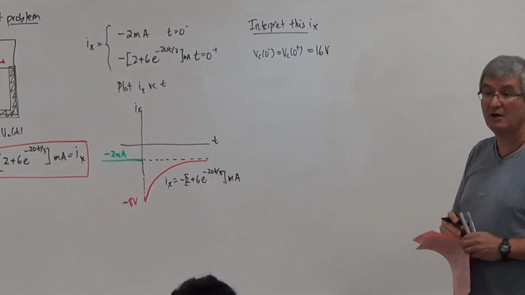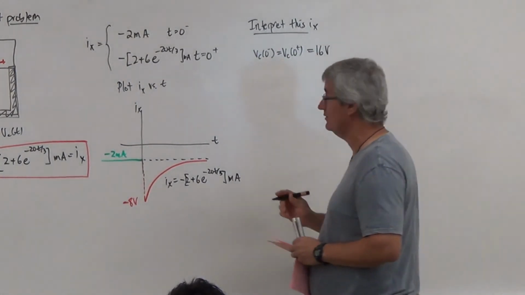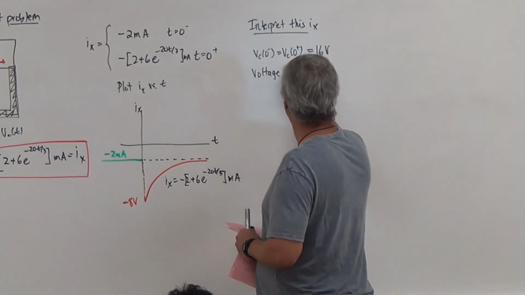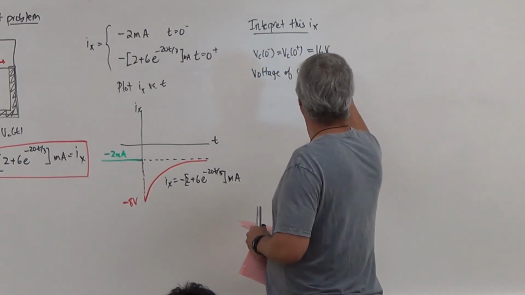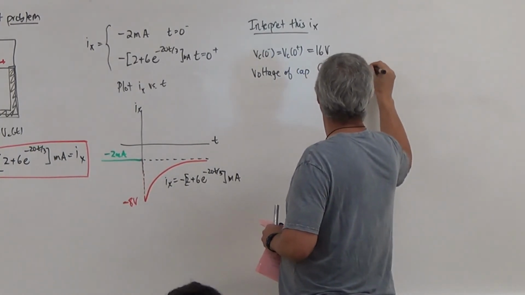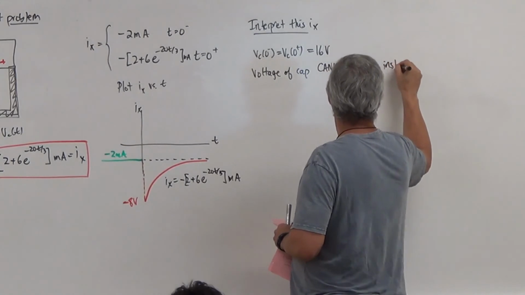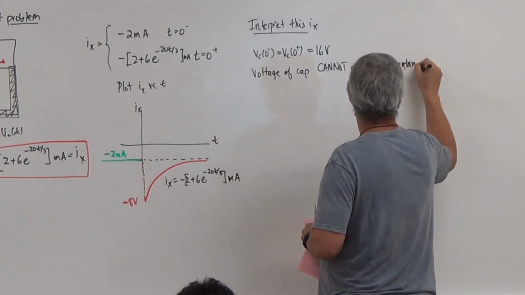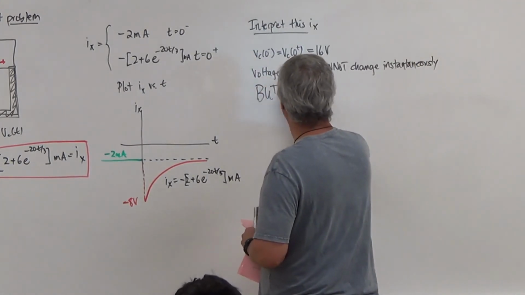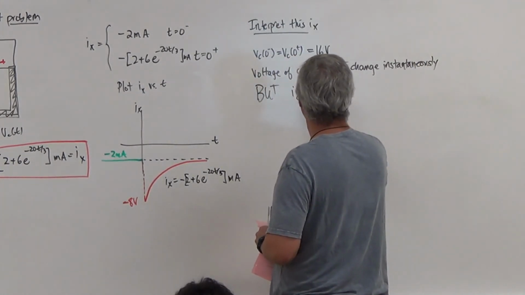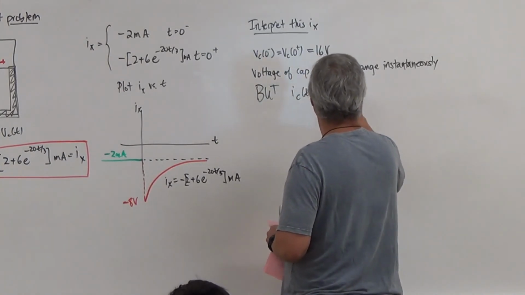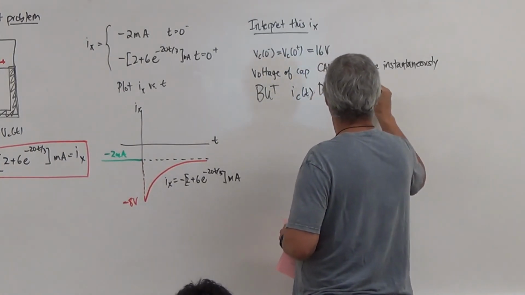One of the things that we've talked about a lot in the previous chapter is that the voltage of the cap cannot change instantaneously. But IC of t does change.